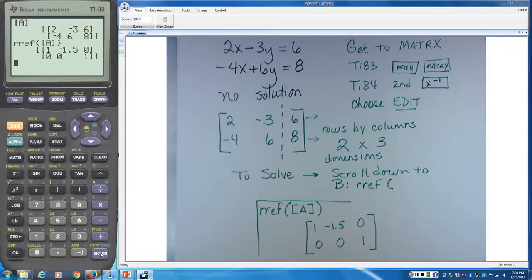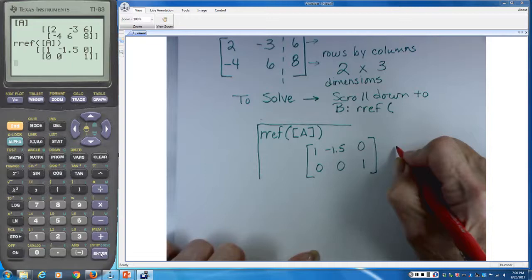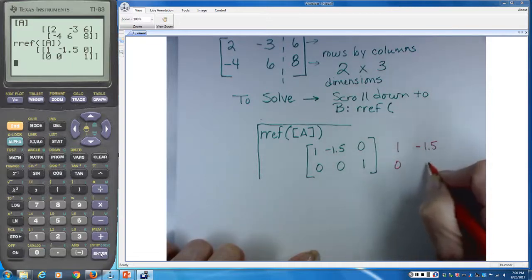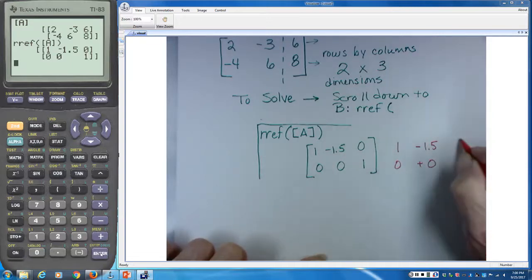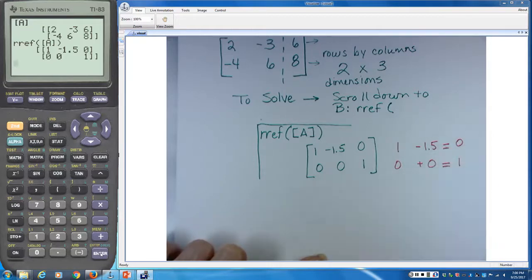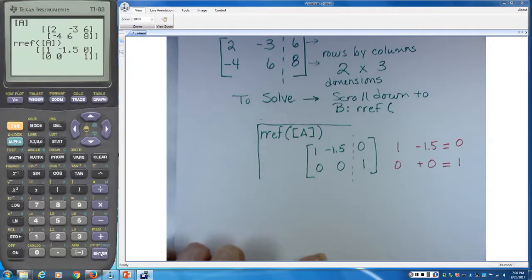And this is how you know that there is no solution to this system. You take that matrix and you put your equals back in. Remember, this is where the equals would have been. Put your equals back in and put your variables back in.